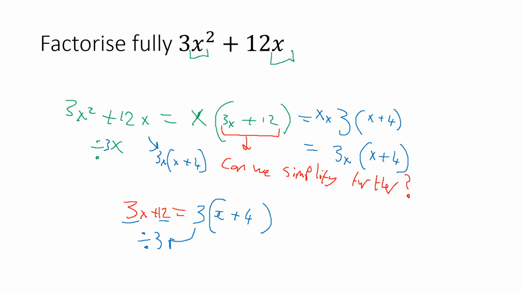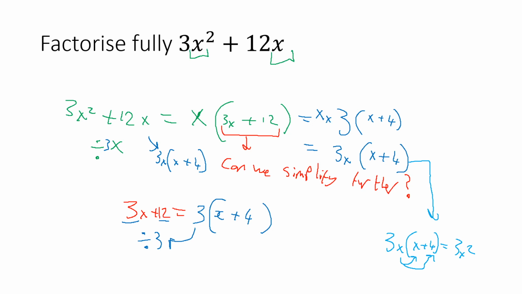But again, sometimes you don't get it first try. So we're going to have to resort to multiple factorizations. And again, let's prove it. So 3x times x plus 4. What's 3x times x? 3x times x is 3x squared.